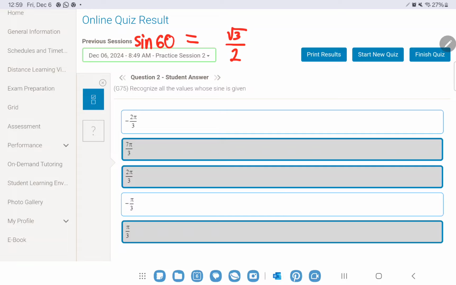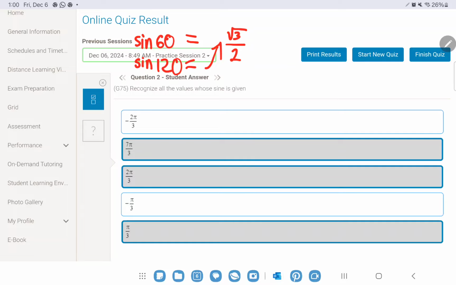And whenever you see sine 60 equal to something, remember that any angle and its supplement have the same sine. What does supplement mean? The continuing of it to 180. So sine 120 also equals the same thing. So now we know it's sine 60 and sine 120.